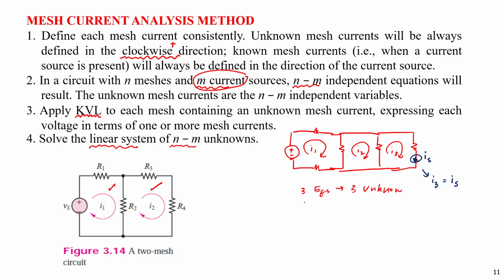So our equation remains only two equations and solve for two unknowns. So we solve for N minus M. If we have M current source in the system, we know that current, right? We don't need to solve for the mesh.